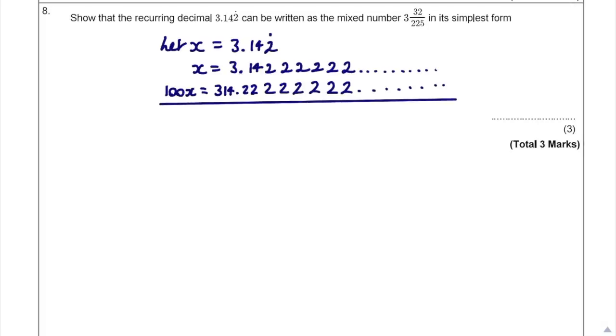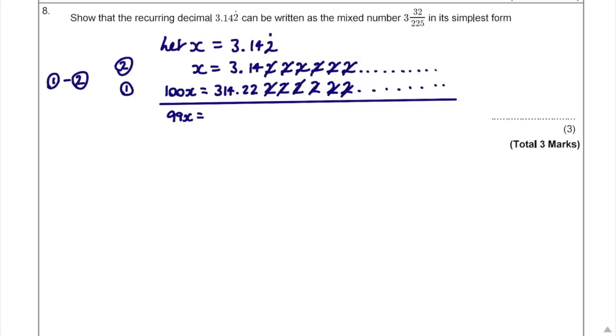And now, if we call this one 1 and this one 2, if we do 1 subtract 2, we're going to get 100x minus x, which is 99x. Now, if we start subtracting these from the right hand side, you should be able to see that all of these 2's are going to cancel.